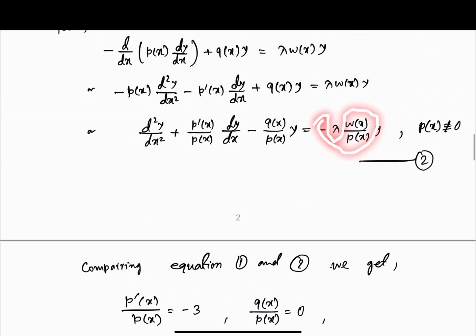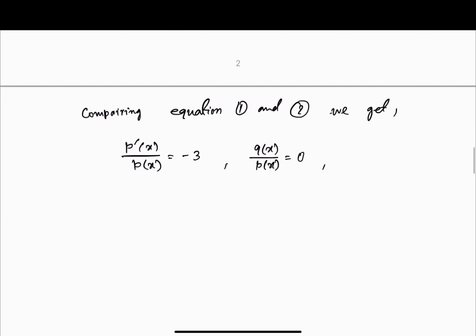So therefore, from the third one we get minus w(x)/p(x) equals 1, right?